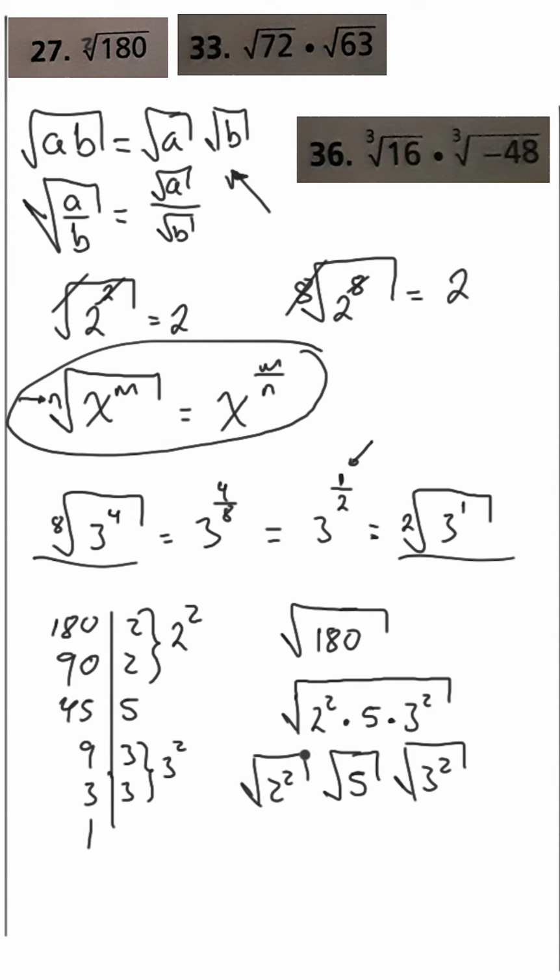So you can cancel out this square root with this power, and this square root with this power. So what you are going to end up having is going to be 2 times, right? So I'm going to write it in parentheses now. So 2 times the square root of 5. We're not doing anything with this root because it's not an exact root, so we're going to leave it just indicated, right?